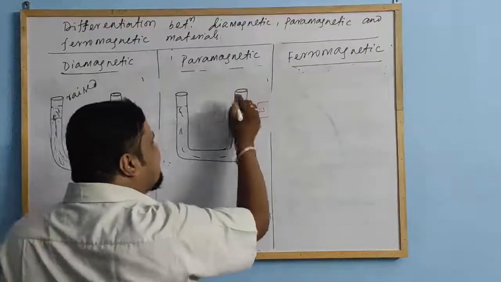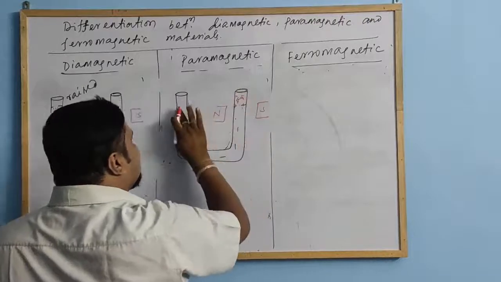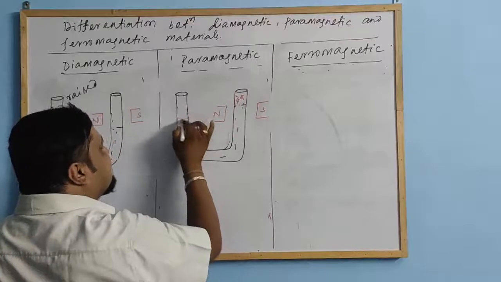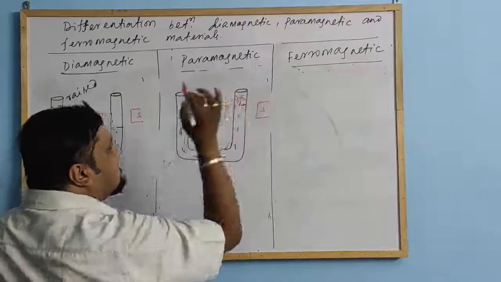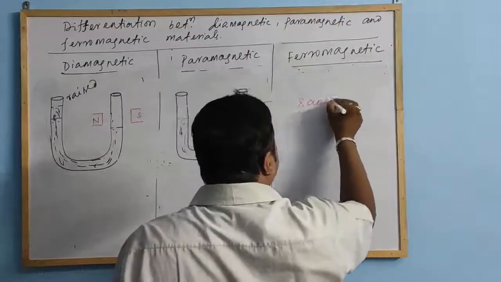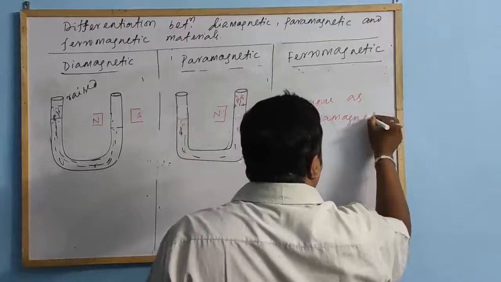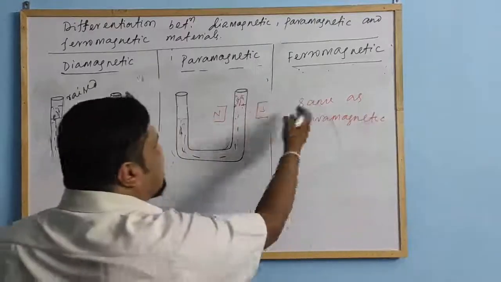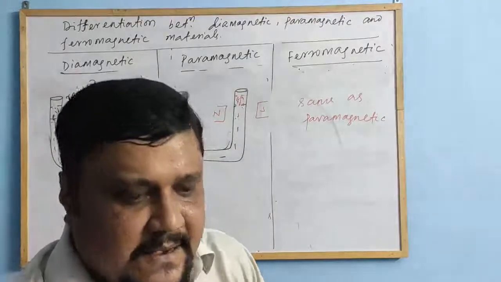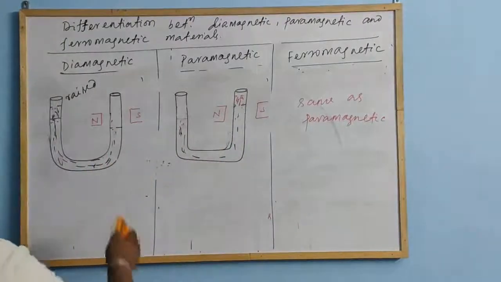Means in this region the liquid is raised, and in the other limb it is depressed. And in case of ferro, it is the same as para. The same thing is happening in a ferro because they are also attracted by a magnetic field. Okay, so this is the fifth one, right?